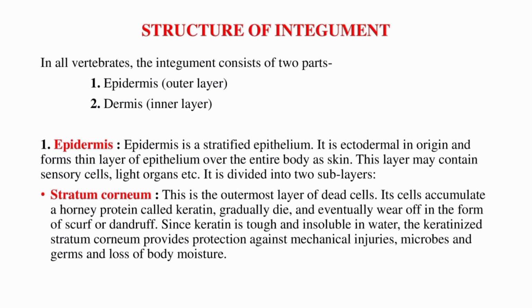Stratum corneum, this is the outermost layer of dead cells. Its cells accumulate a horny protein called keratin, gradually die and eventually wear off in the form of scurf or dandruff. Since keratin is tough and insoluble in water, the keratinized stratum corneum provides protection against mechanical injuries, microbes and germs, and loss of body moisture.